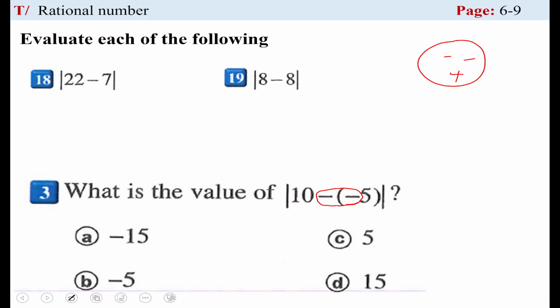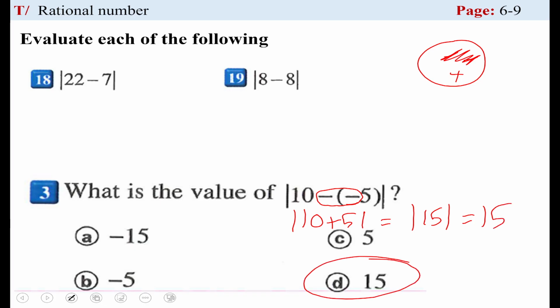Okay, negative times negative, hide these two negatives, the sign is positive, so it's going to be 10 plus 5, and we write the absolute value. So 10 plus 5, it's 15. The absolute value of 15 is 15. So the answer is 15.